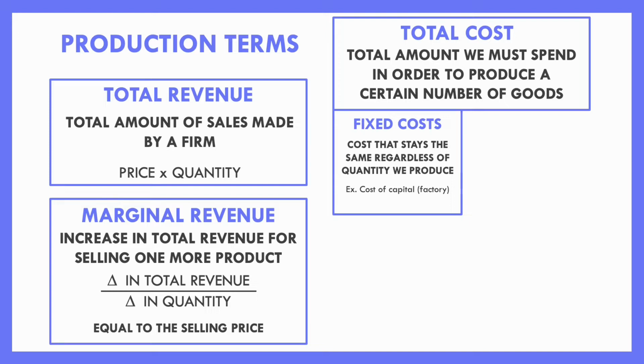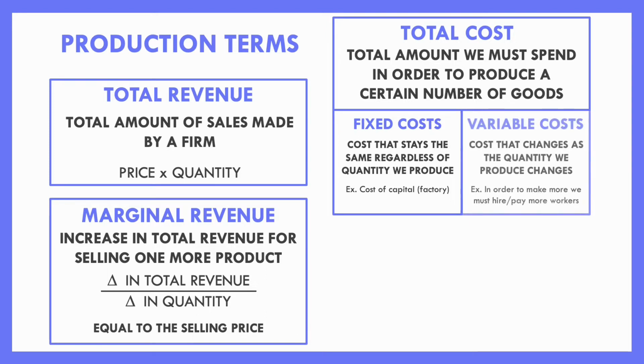My landlord, the person I'm paying to rent my pizza shop, doesn't care if I'm making one pizza that day or 100 pizzas that day. They're like, you know what? You need to pay $10,000 in rent every single week, every single month, no matter what. They don't care how many I'm making. That cost stays the same no matter how many pizzas I make. I have to pay it.